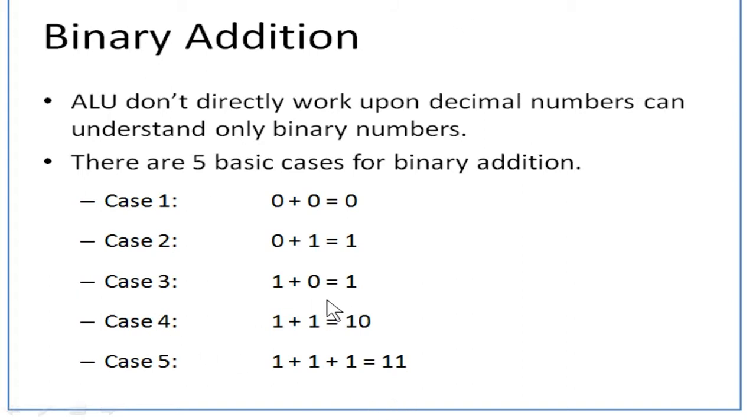Now case 4 is 1 plus 1 equals 10. The reason for this is that in decimal addition 1 plus 1 is 2. Since binary does not have 2, it has only 0 and 1 as binary values, you have to take the next level, that is one more digit, so it becomes a 2-digit number.